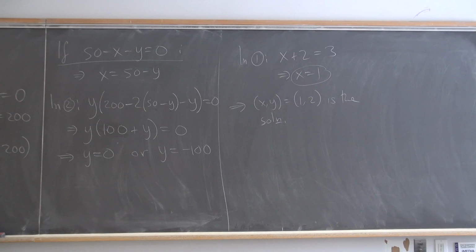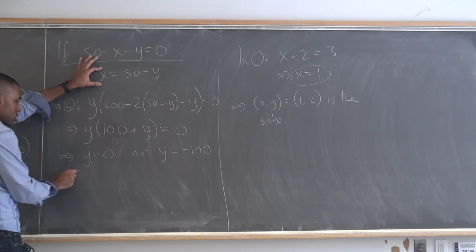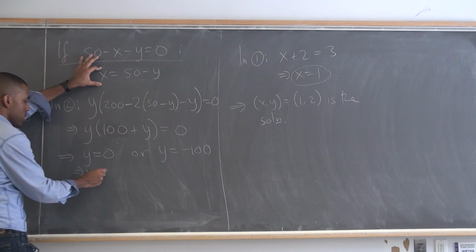And what does that mean? What are my solutions? You have to plug it in to get x. Yeah, we need to figure out what the x value is. How do I know the x value? Plug in one of the y's. Here, I know x is 50 minus the y. So if y is 0, this would mean my x is 50 minus 0.